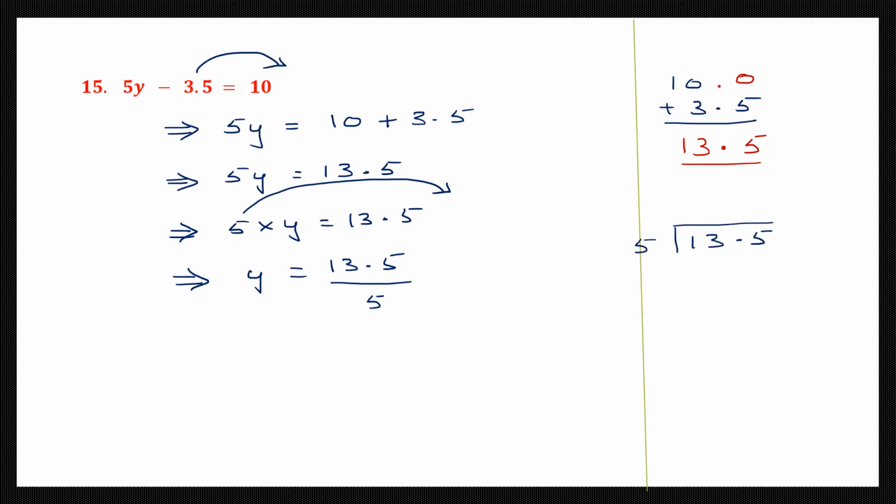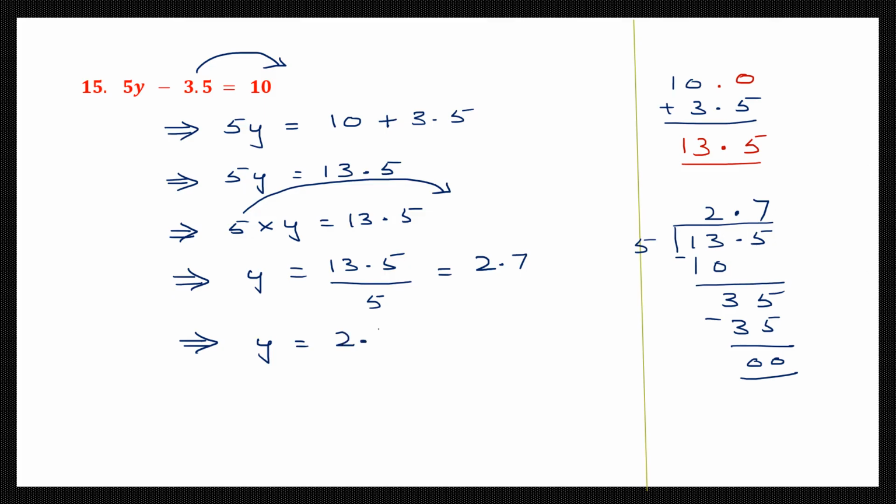So the number is 13, 5 2s are 10, minus, I get 3, I bring down 5. Now let me carry the point up. My number is 35, 5 7s are 35. So 0, I get 2.7. So 2.7. So the value of y is 2.7.